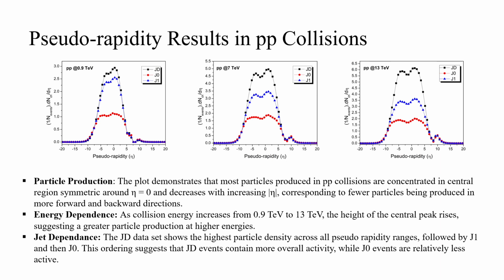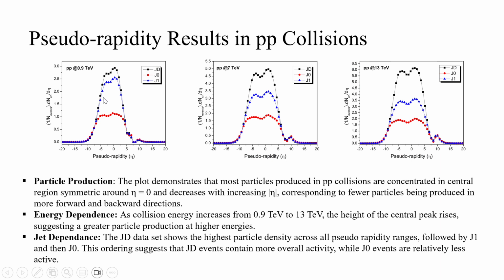What it indicates is that higher density of particles is produced in the central region, because the density of these particles shows a peak behavior at eta equals 0.